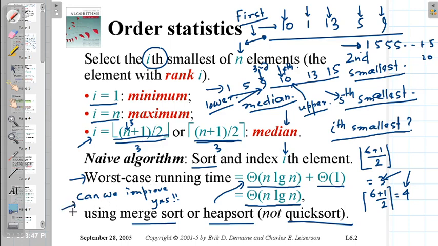Those who are preparing for Google, Amazon, Microsoft will know this algorithm. The ith order statistic, or ith smallest element, can be found in worst case order of n time. An order of n time algorithm exists for this, and we will be discussing that algorithm in our course.